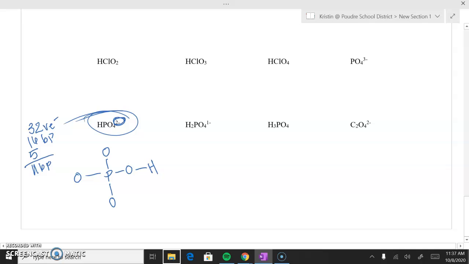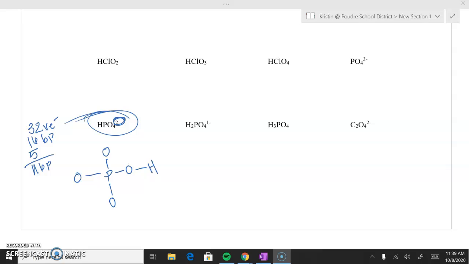I'm going to add them to my exterior outside atoms first. So then we're going to look at hydrogen. It's the most exterior, but it's already happy because it's got 2. So now we can just worry about our oxygens.